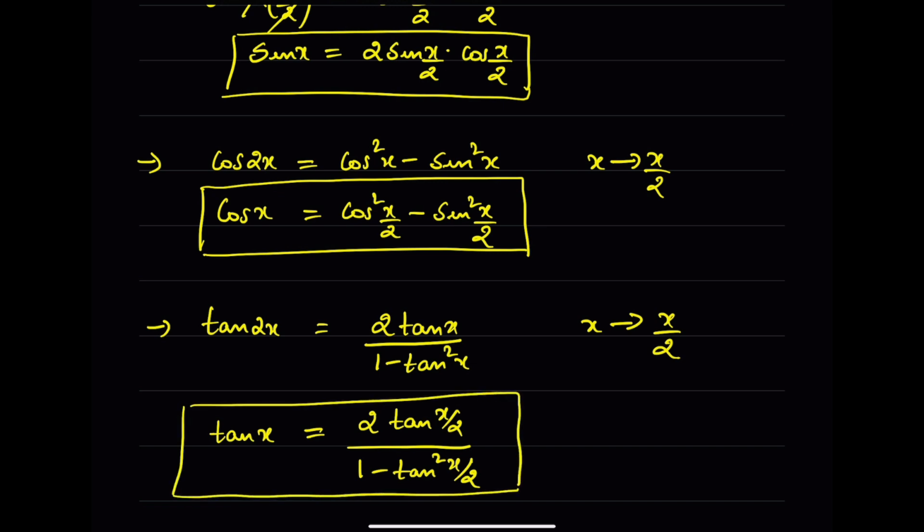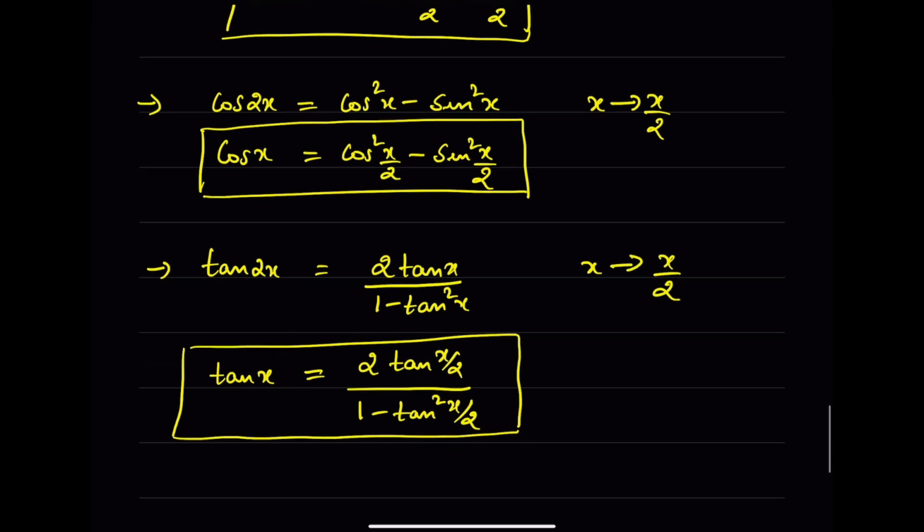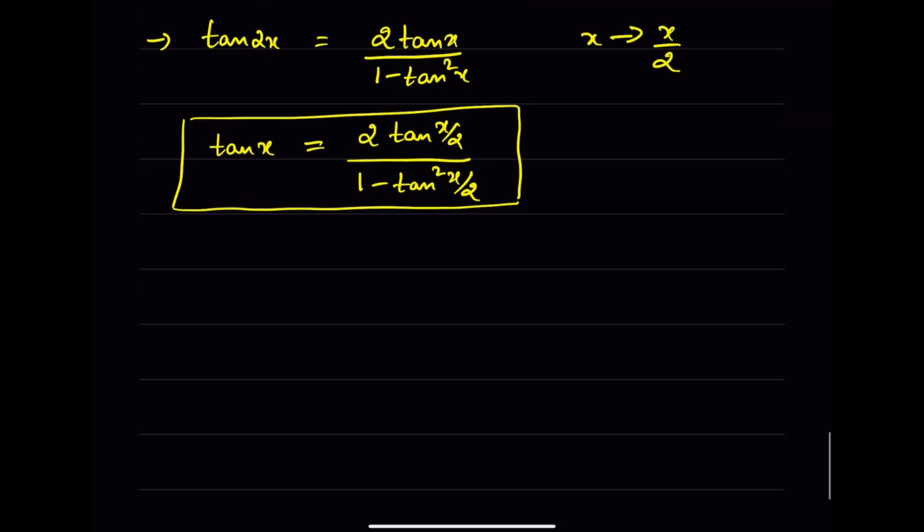Now just to understand better formats of cos x, we can just play around and have different versions of the formulas. For example, expressing cos in terms of tan, we know that cos 2x is equal to 1 minus tan square x by 1 plus tan square x. We just try to express cos in terms of tan.